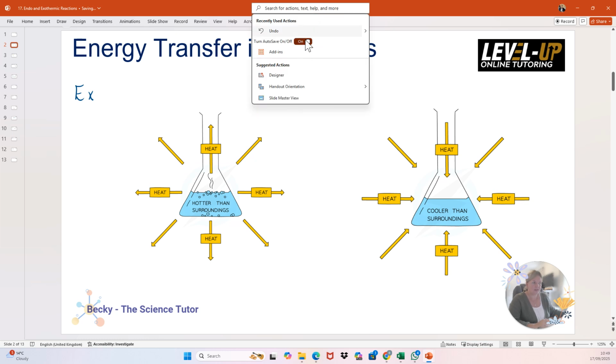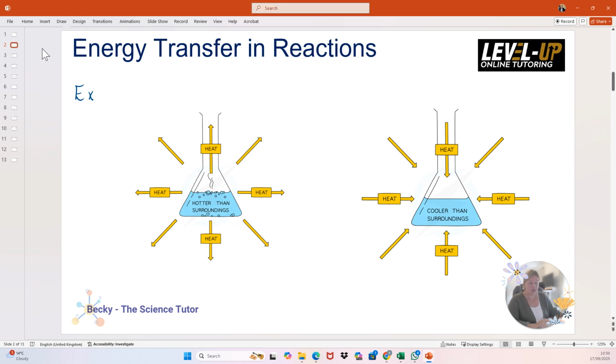Thermic is referring to the heat. So an exothermic reaction is a reaction that is giving out heat, like our burning candle. So exothermic, we have energy released.